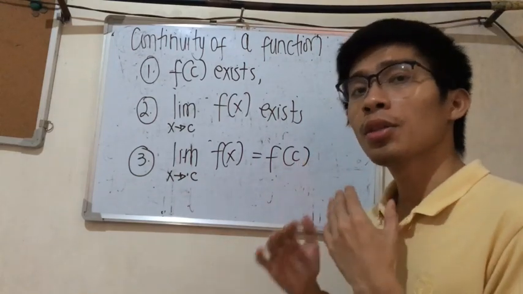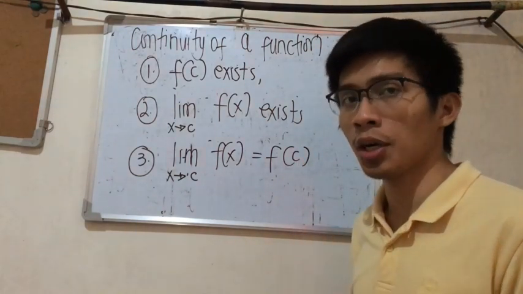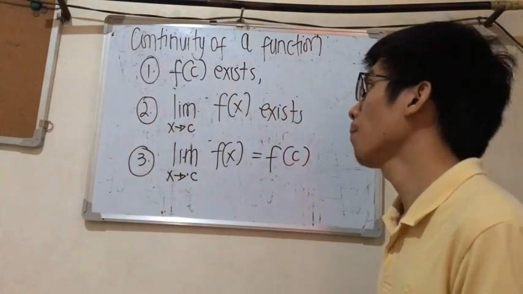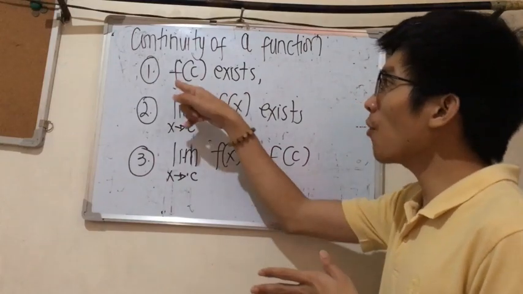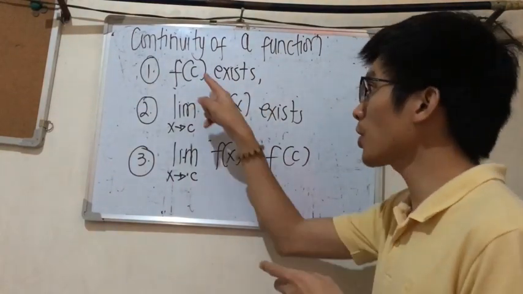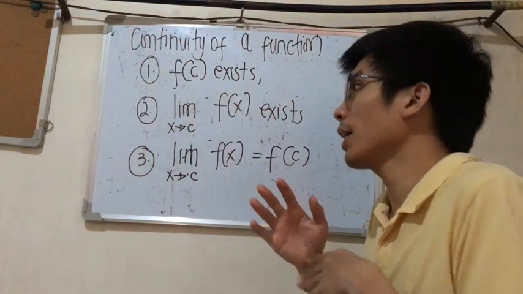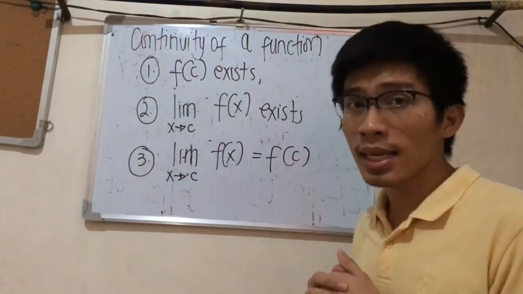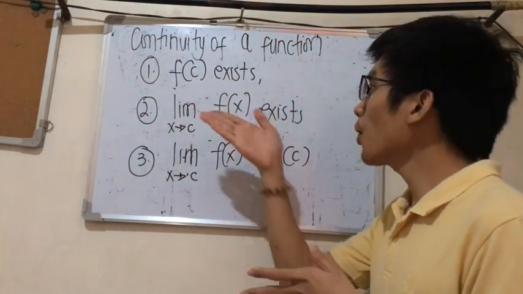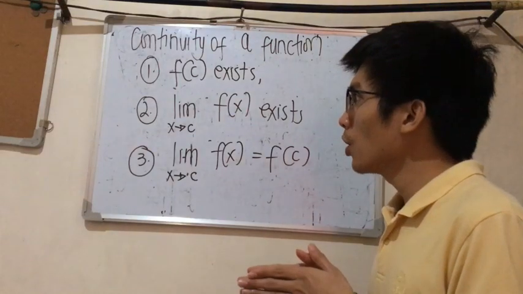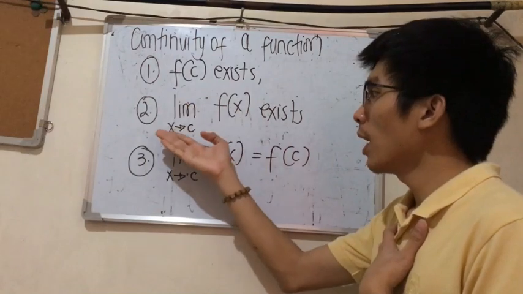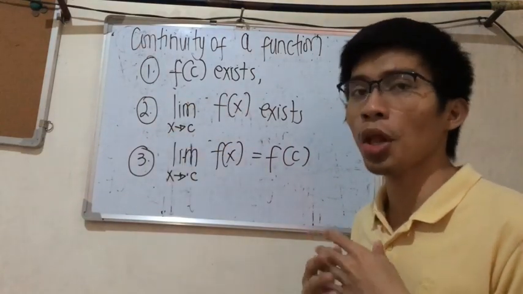So here are the conditions that we have to consider in identifying the continuity of a function at a certain number. First is, f of c exists, meaning once you evaluate the function at a certain number c, if it exists, that is condition number 1. For condition number 2, you get the limit of your function as your x approaches that particular number.